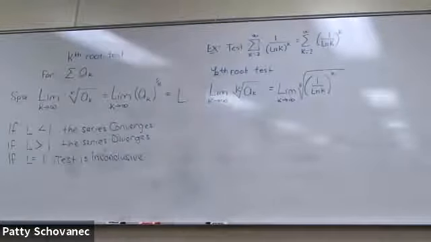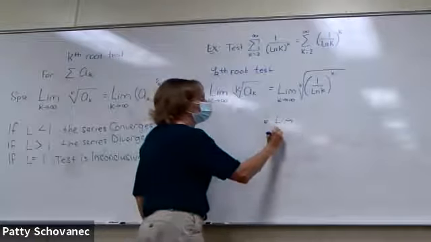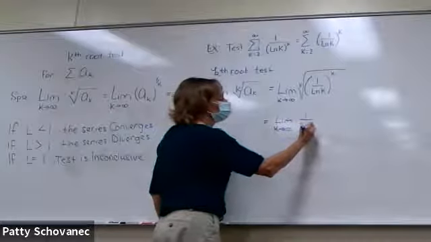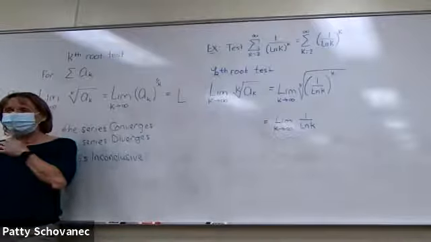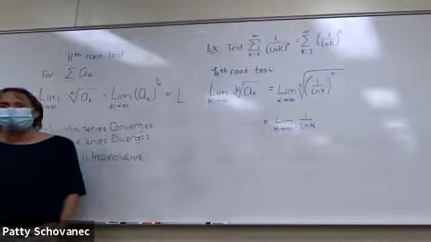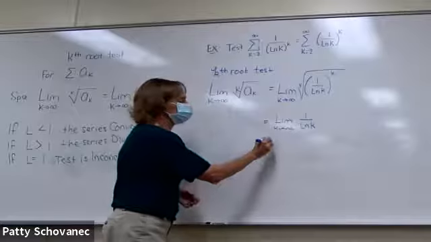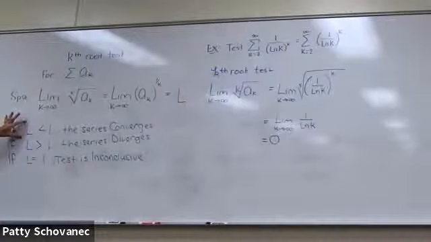So we want it to be this obvious. We want to be able to just knock that power off and look at the limit of the stuff that's inside. K power, K root, undo each other, we're left with the limit of 1 over the natural log of K. The only activity belonging to K is on the bottom, so that limit goes to 0. If the limit is smaller than 1, our series converges.